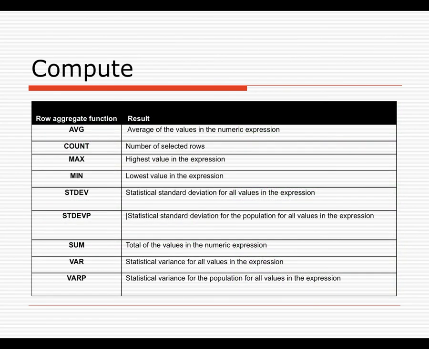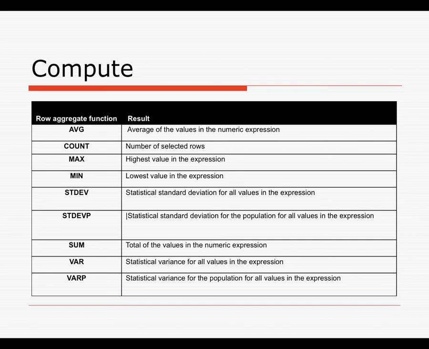Also, please remember, and this slide is key, and on the exam, the different types of aggregate functions. An average is the average of the values in the numeric expression. Count is the number of selected rows. Max is the highest value in the expression. Min is the lowest value in the expression.